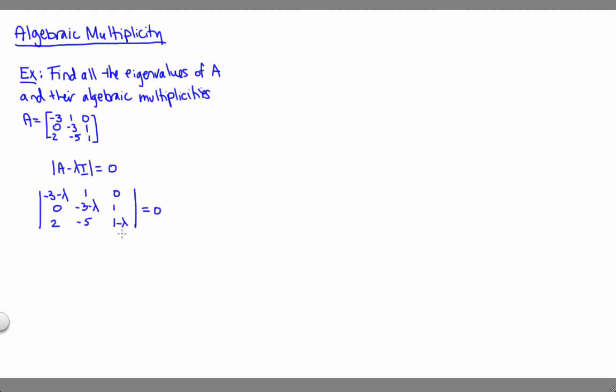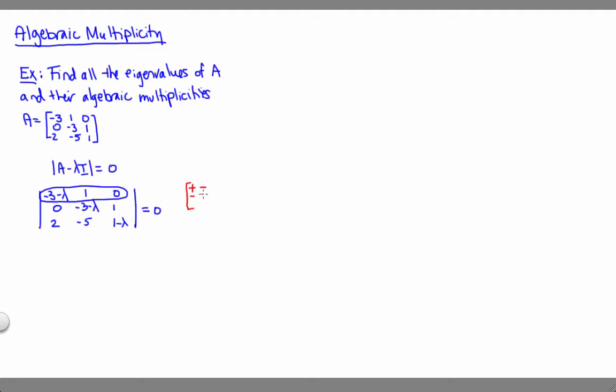Now to compute that determinant, let's do cofactor expansion along the top row. And let's remember the checkerboard pattern for the signs. The entry in the upper left is associated with no sign change.